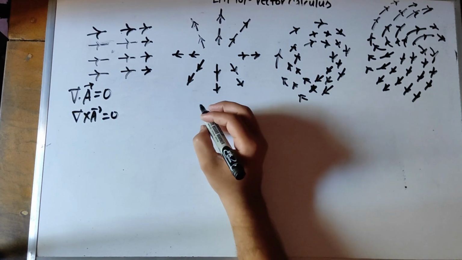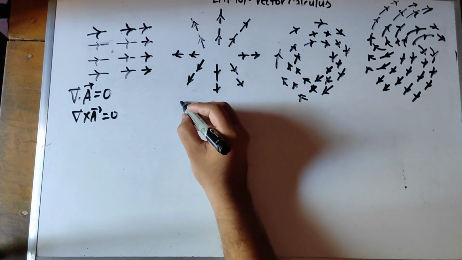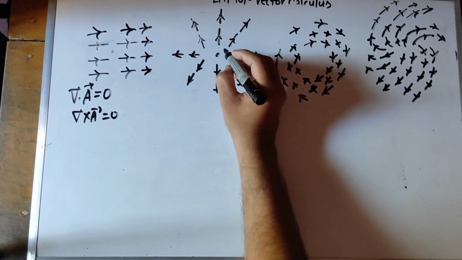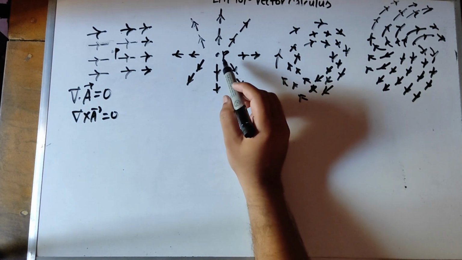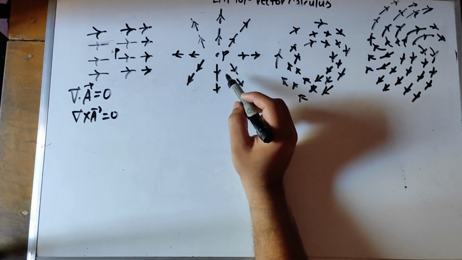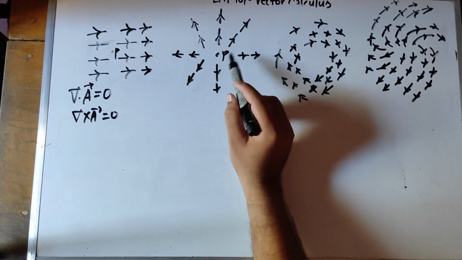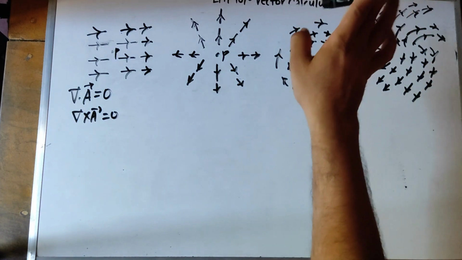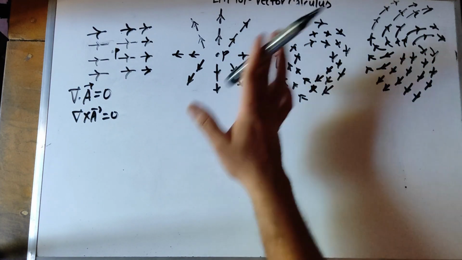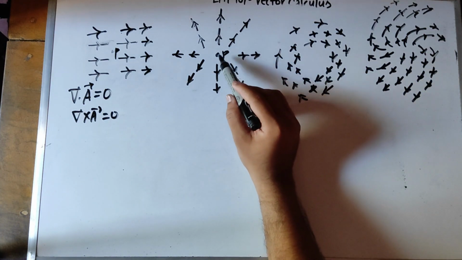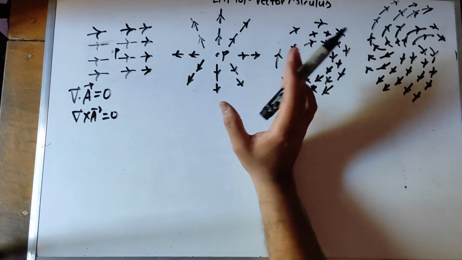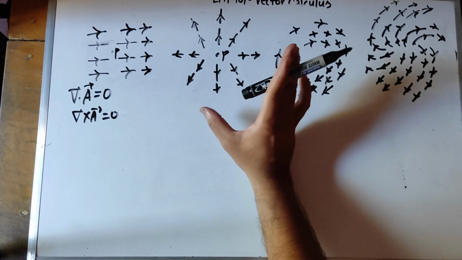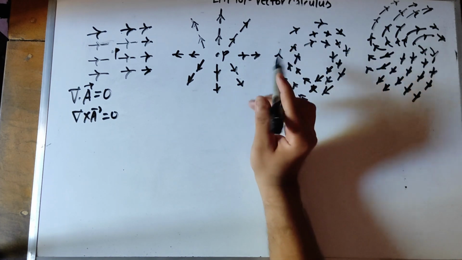In this case the vector field A is divergent from a point, say P. So we can easily see that it's diverging, going outwards. The flux is outwards from the point P. So the point P is the source of this outward flux.